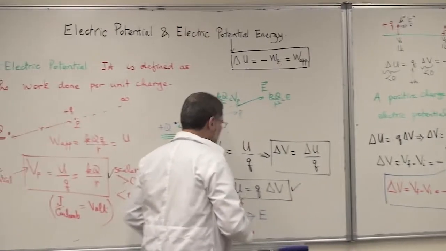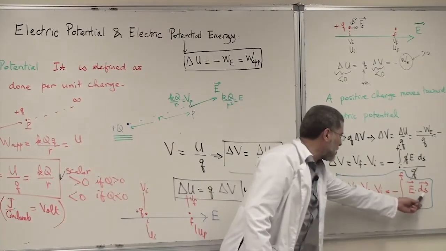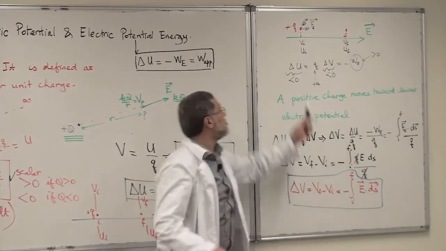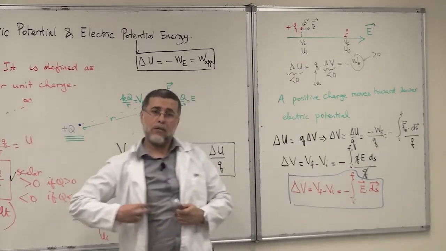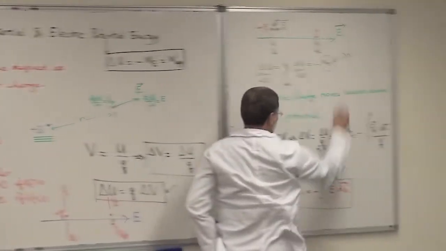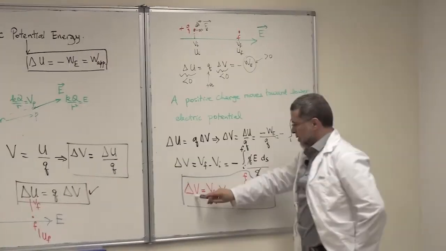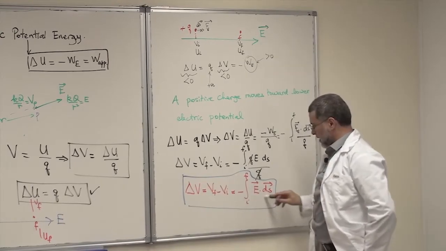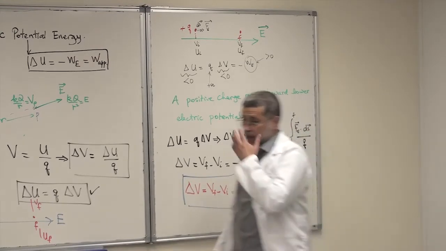You notice that it depends only on the electric field and your displacement. It doesn't depend on the charge. The charge, which is moving here, has nothing to do with the potential. This potential is created by the electric field. You can see it here.